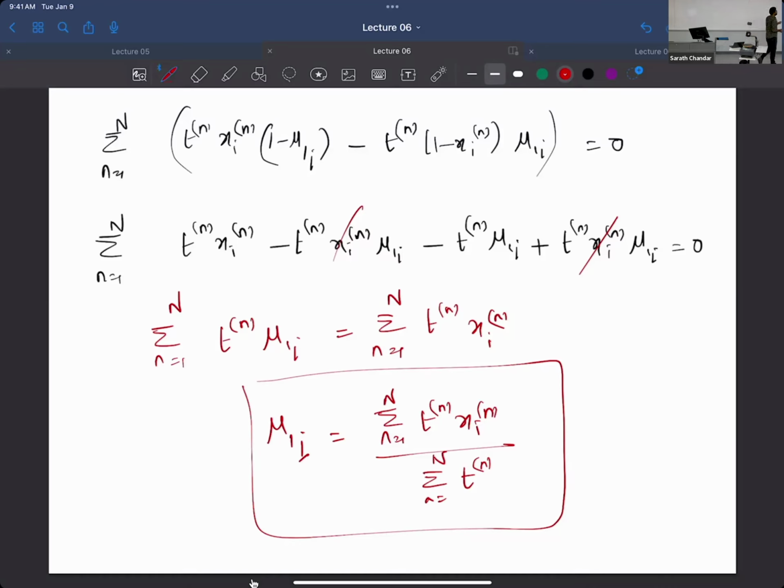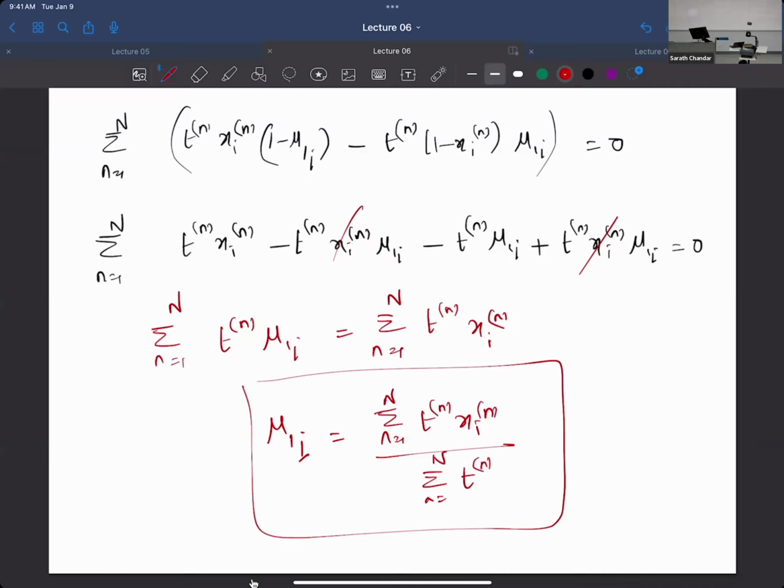So x is binary. This xi is a binary feature, right? Because we are in mu 1i, it's class 1. So the denominator is just counting the number of times it was class 1, and the numerator is counting the number of times in class 1 xi was 1.